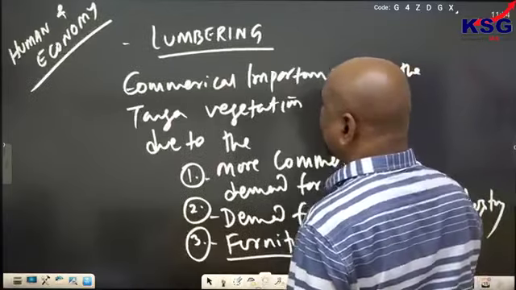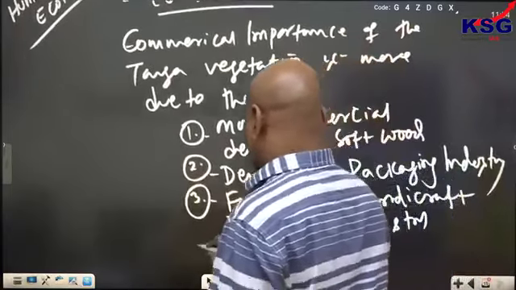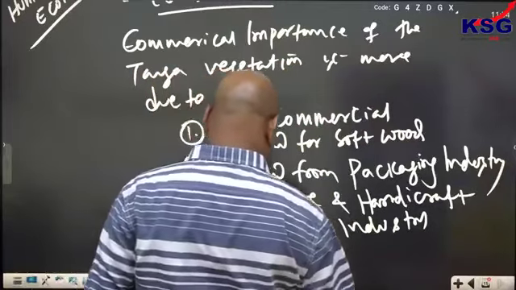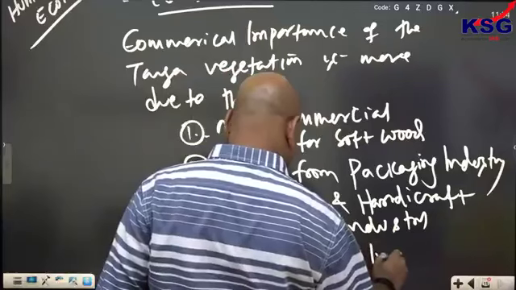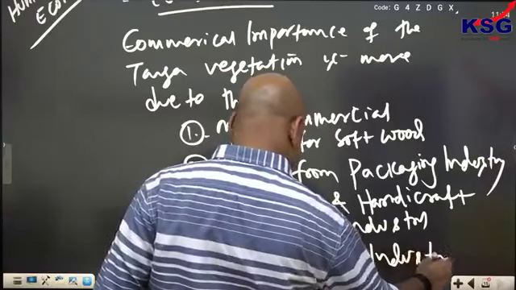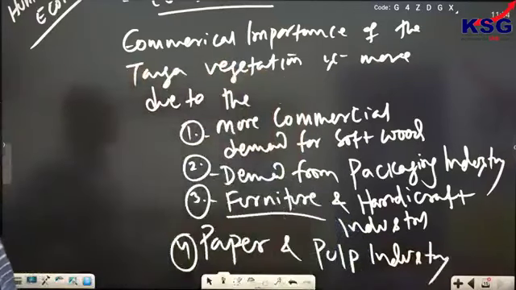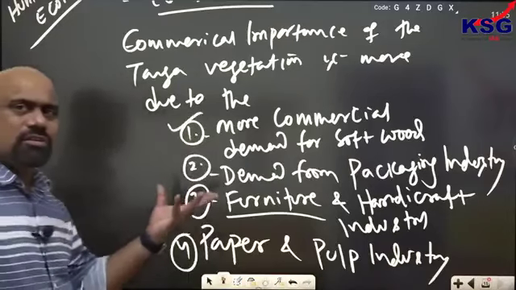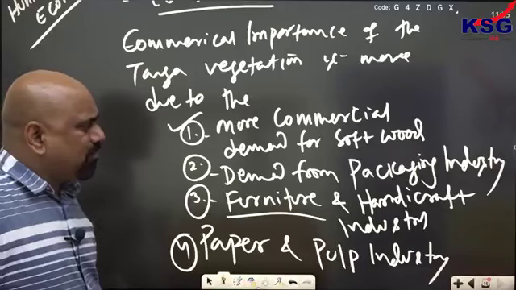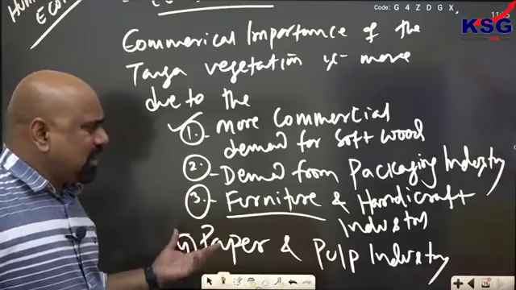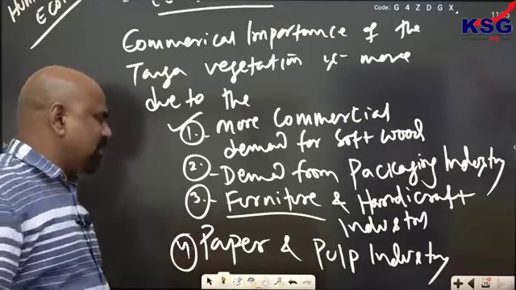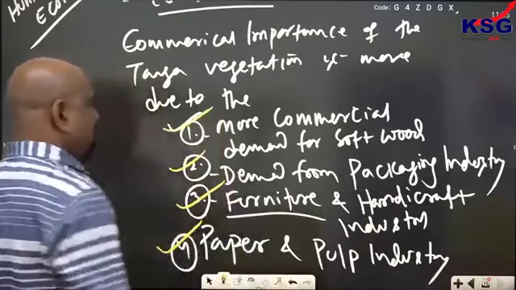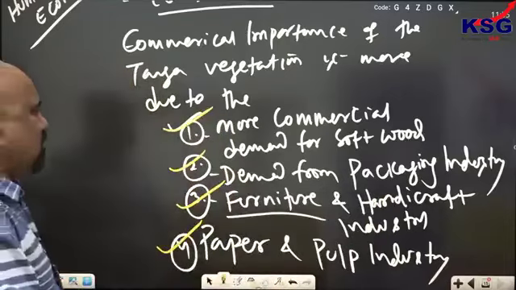We also have the demand in the paper and pulp industry. Commercial demand for softwood is more. You make plywood, sawdust products.